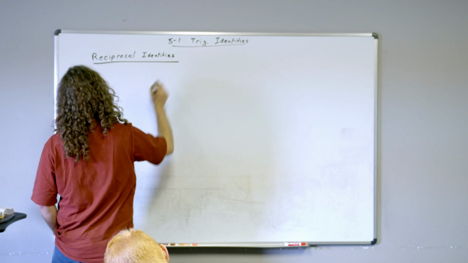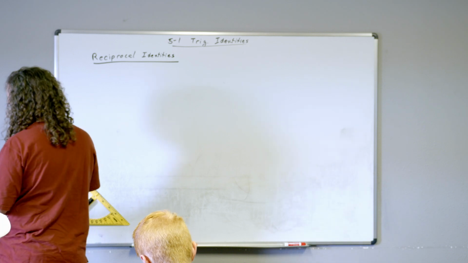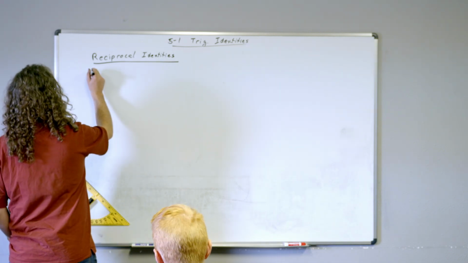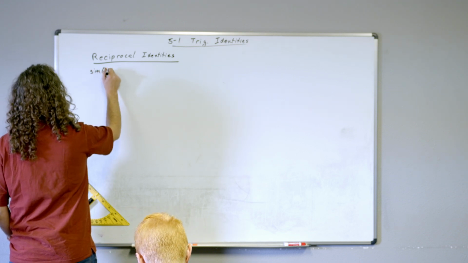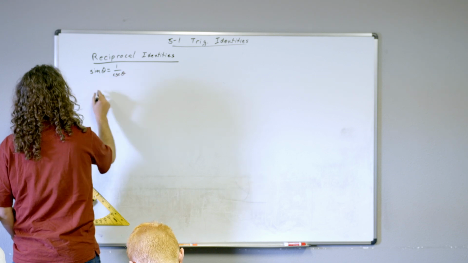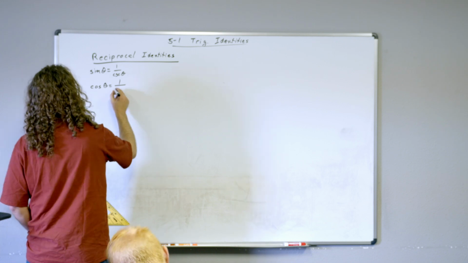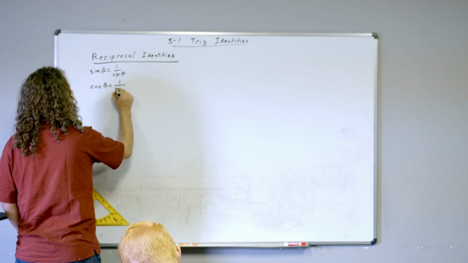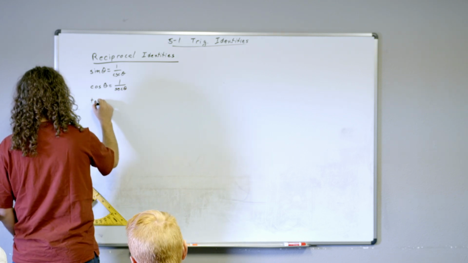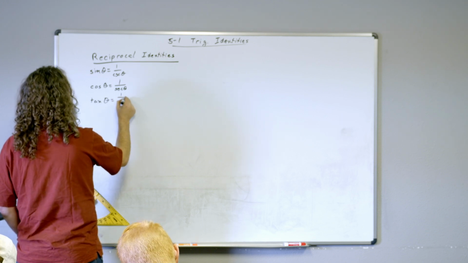Reciprocal identities. And I like to get all the identities first and then go back and hit examples after. So these we already know. The sine of theta equals 1 over the cosecant of theta. Cosine of theta equals 1 over the secant of theta. The tangent of theta equals 1 over the cotangent of theta.